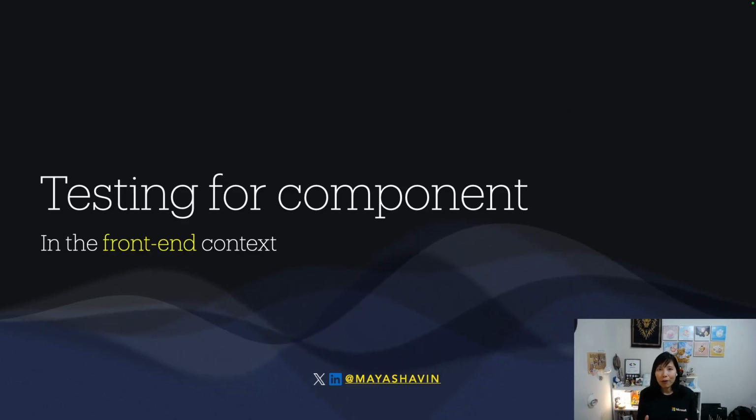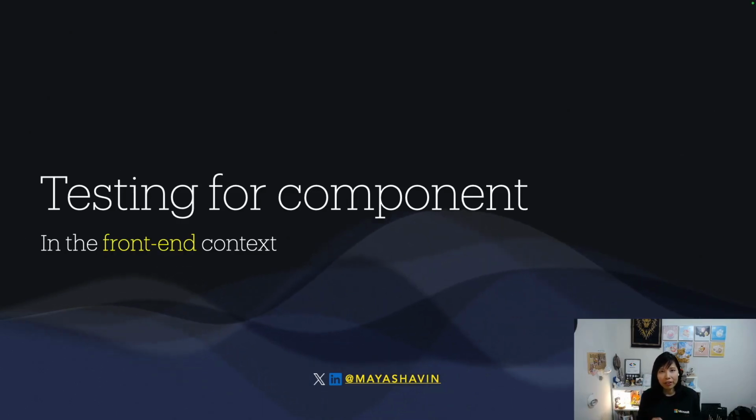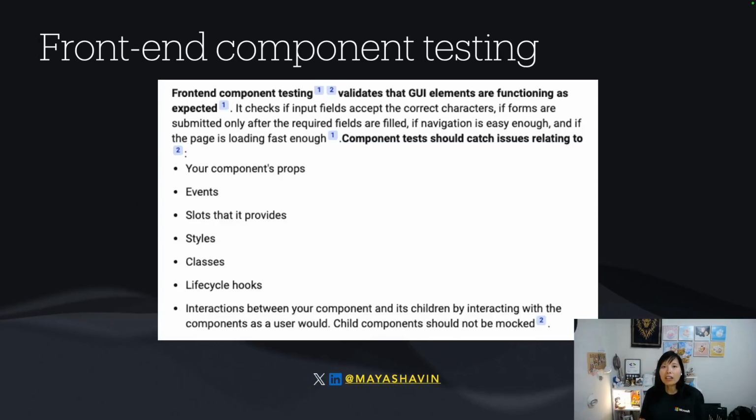But first and foremost, let's talk about component testing in a front-end context, or we can say front-end component testing. So what is front-end component testing? Well, in normal development, and especially for backend, component testing is like unit testing. But for front-end, it's a bit different.